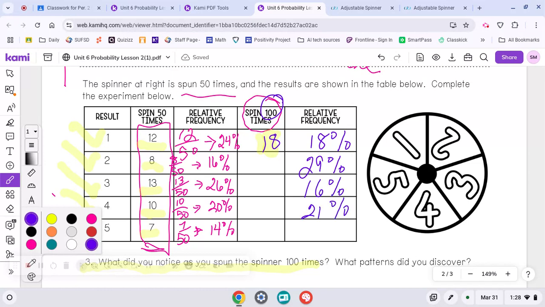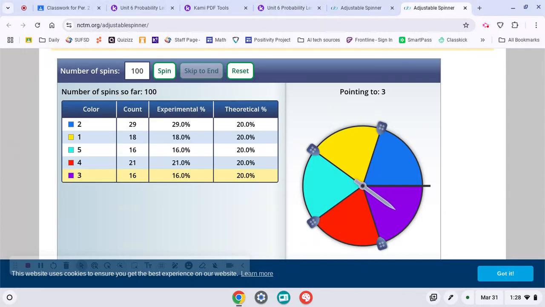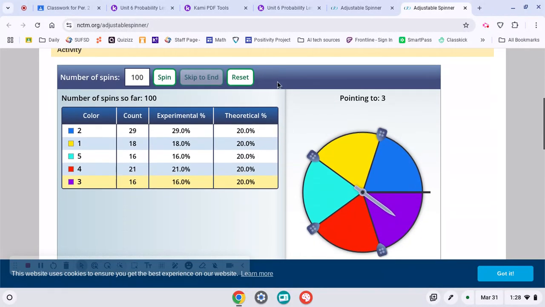Now, when we spun this little simulation 100 times, if we go back to our simulator, here it says in this column, our theoretical probability of getting any of these is 20% because it's 1/5.